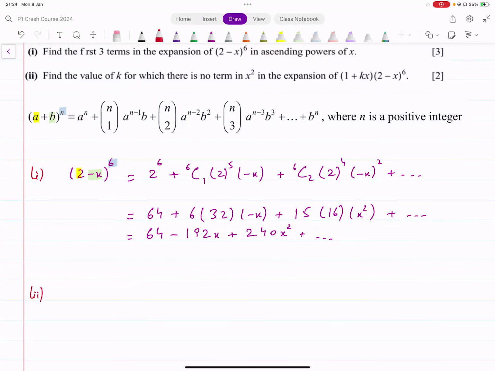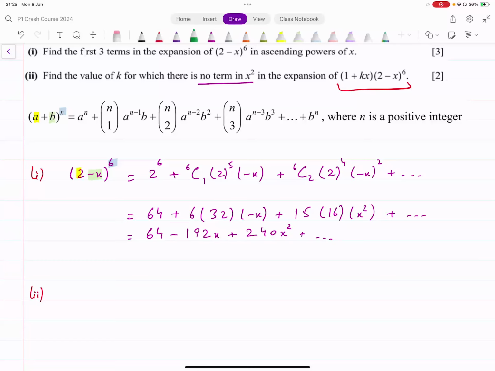The second part is find the value of k for which there is no term in x squared in the expansion of 1 plus kx into 2 minus x whole raised to power 6. That means the expansion should not have any x squared in it. What value of k would we need for that?